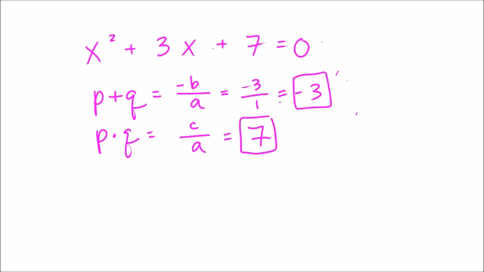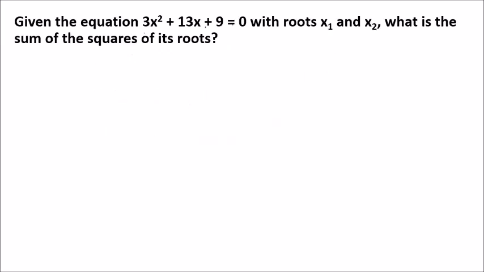So now that we've gone over that, we can move on to a tougher problem. I hope you're ready, but I will walk you through it. So here's the problem. Given the equation 3x squared plus 13x plus 9 equals 0, with roots x sub 1 and x sub 2, what is the sum of the squares of its roots? Whew, how are we supposed to figure that out, right?